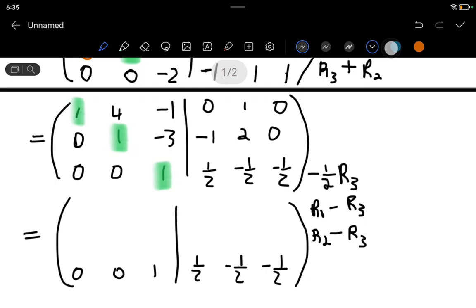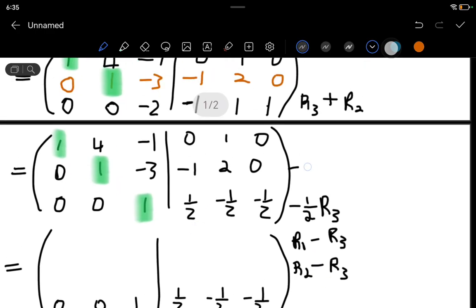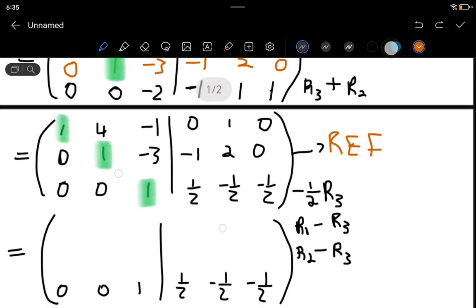So when I'm doing the upper part, remember this is our row echelon form. This is the complete row echelon because everything below is 0. And this one is called an upper triangular matrix. Since we're in row echelon form, we now want to change this to a reduced row echelon form.